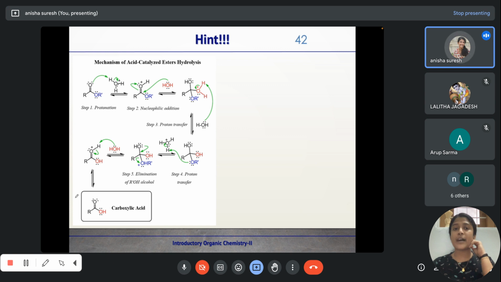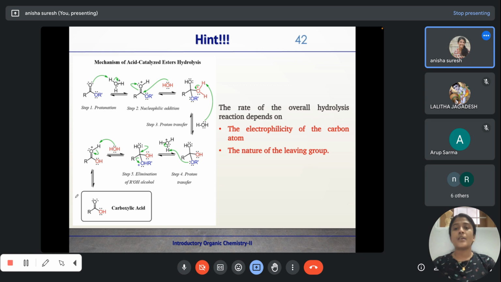Now, what are the factors that will increase the rate of acid catalyzed ester hydrolysis? The factors are, one, the electrophilicity of the carbon atom. If the carbon atom is more electrophilic, then the water can attack at a faster rate. And the nature of the leaving group.